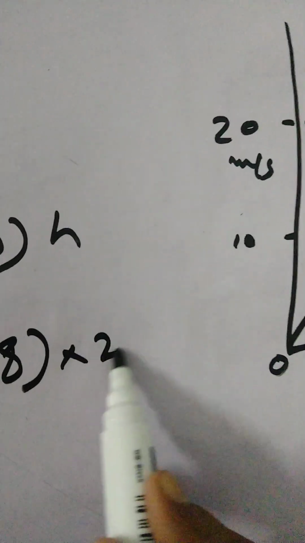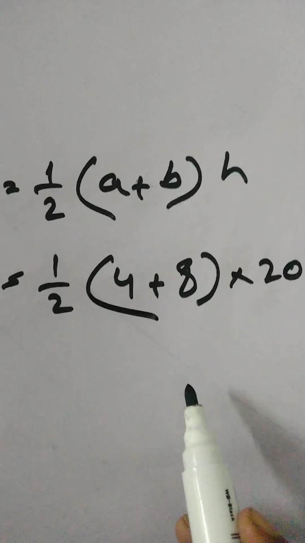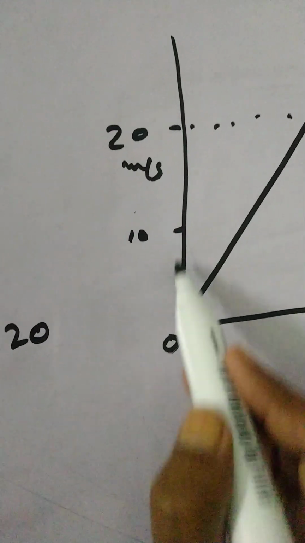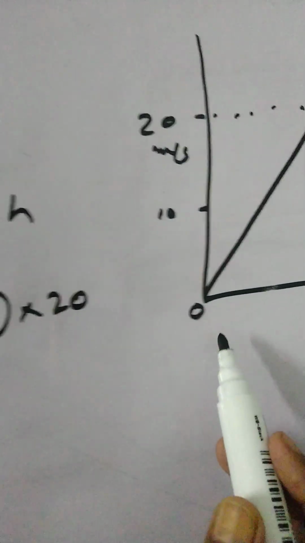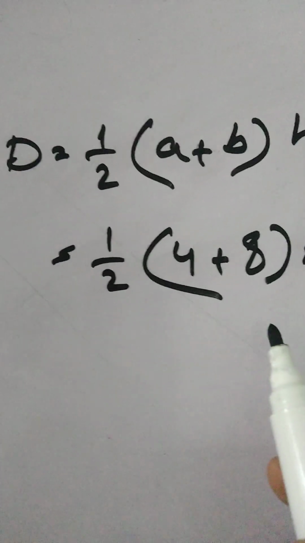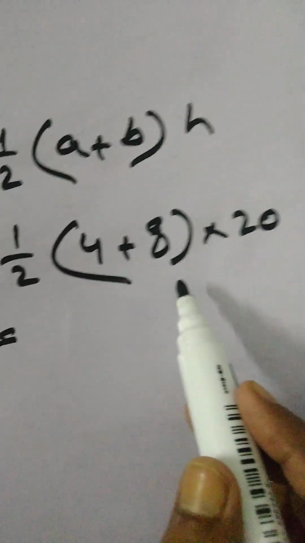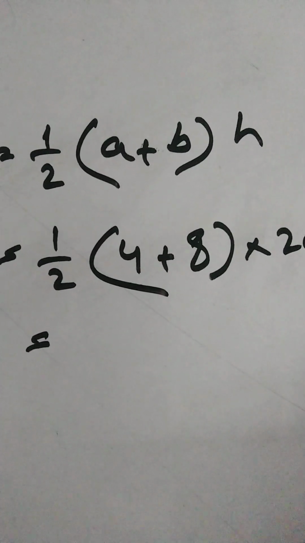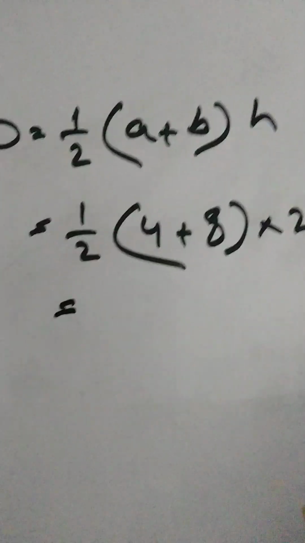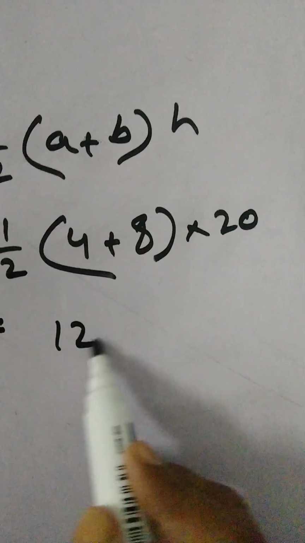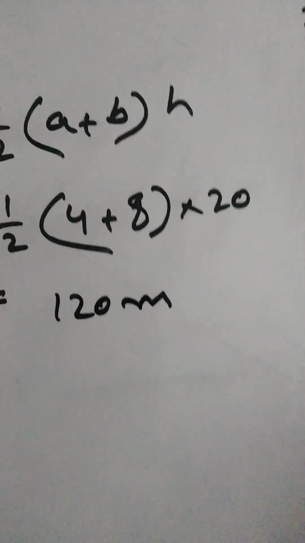After multiplying by 20, this is the speed which we are representing, and the height is 20. Now 1 upon 2 times (4 plus 8), multiplied by 20, we exactly get the answer 120 meter.